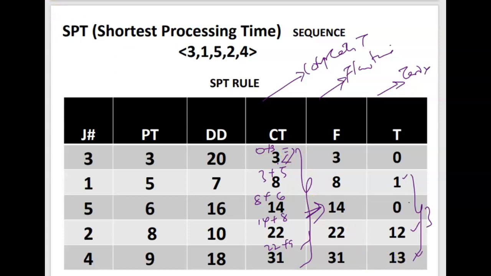The total flow time, calculate everything you have here. Add it. The mean of it is what? Divided by what? 5. What is the makespan? The last job in this batch. When did you complete it? On the 31st day. The makespan is 31.